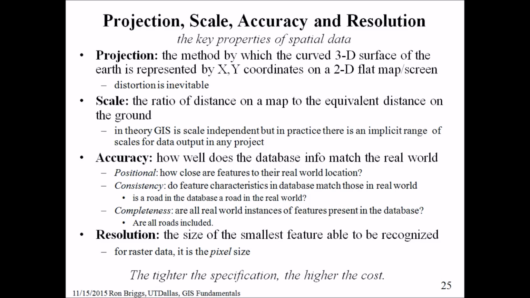Then accuracy: how well does the database information match the real world? That is the positional accuracy, the consistency, and the completeness. These are also aspects of the DBMS. And the resolution is the size of the smallest feature able to be recognized. In raster data we call it the pixel size. So the tighter the specification, the higher the cost.